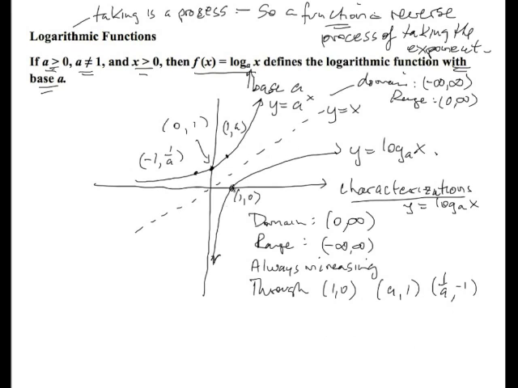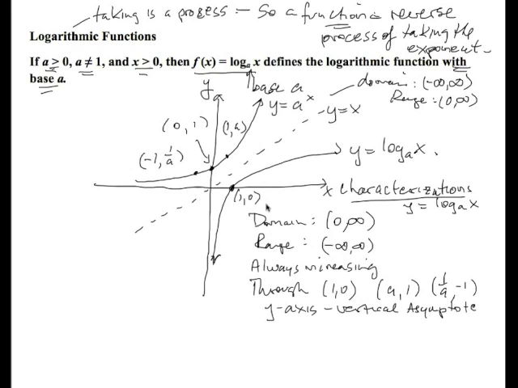Now notice here that the y-axis is a vertical asymptote, because the x-axis was a horizontal asymptote for the exponential function. So there we have, in fact, the characterizations, or the properties, of the logarithmic function by means of its graph.